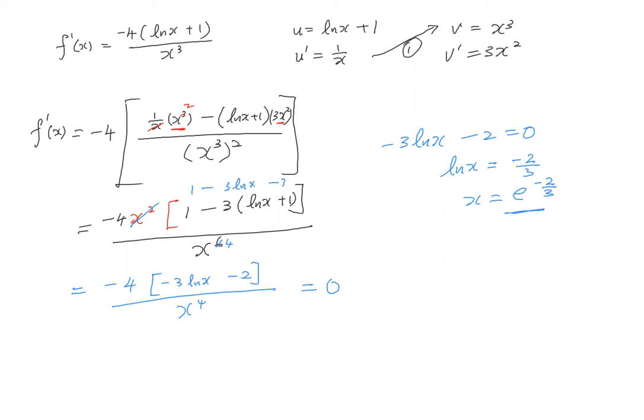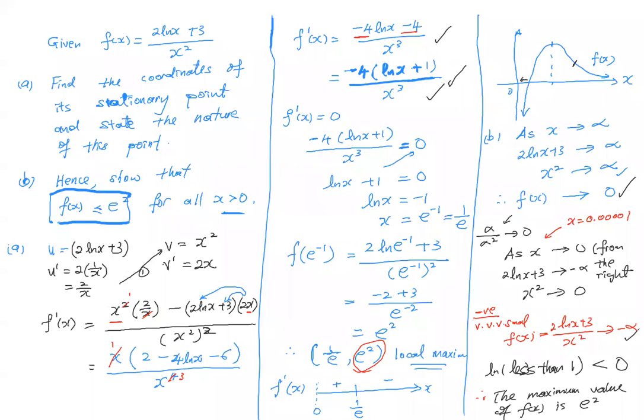So the y coordinate, you have to go back to your formula, the beginning one. That is 2 ln x plus 3 over x squared.